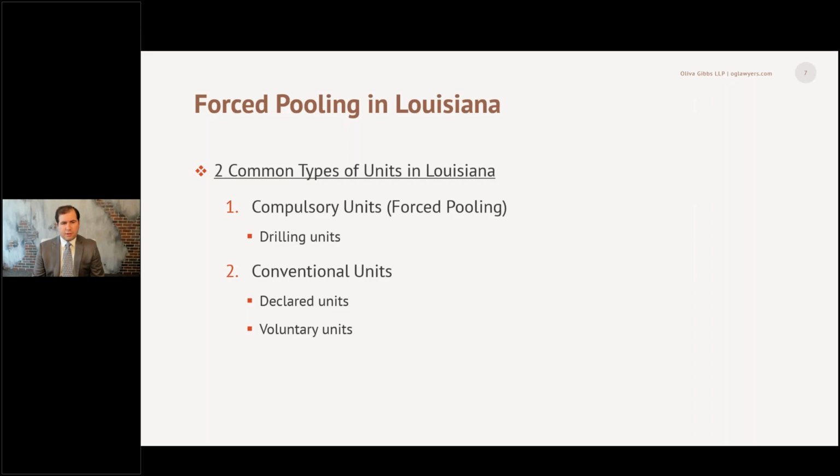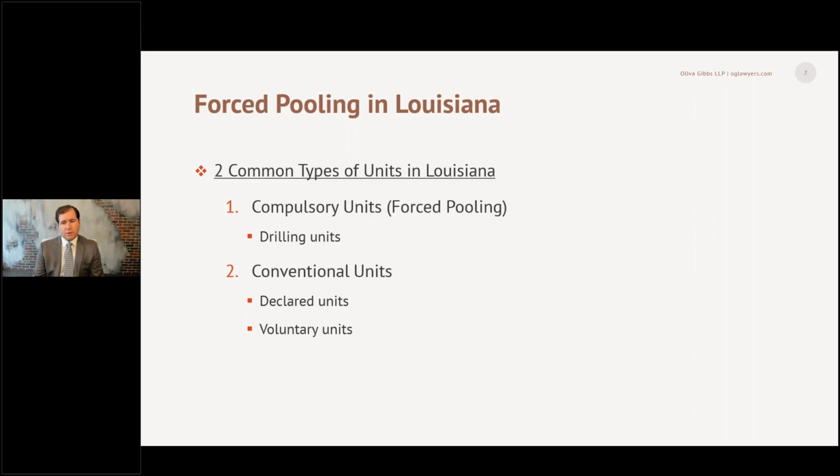While for conventional units, you have 2 different kinds within that. You'll have a declared unit, and if you've ever worked Texas before, this is going to be your common pooled unit that you're used to in Texas, where a unit's created pursuant to the pooling power granted in an oil and gas lease. Also in Louisiana, they have what's referred to as voluntary units. These units are generally created by an agreement of all of the parties coming together and pooling theirs.